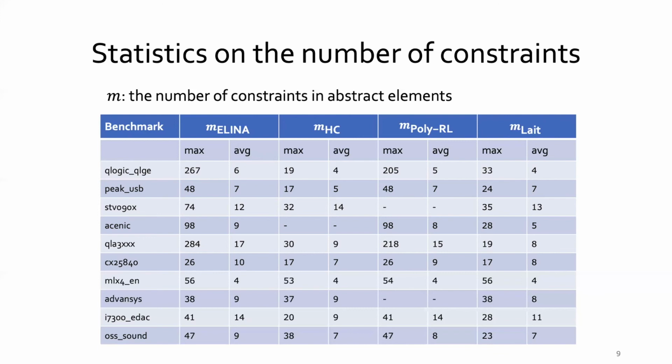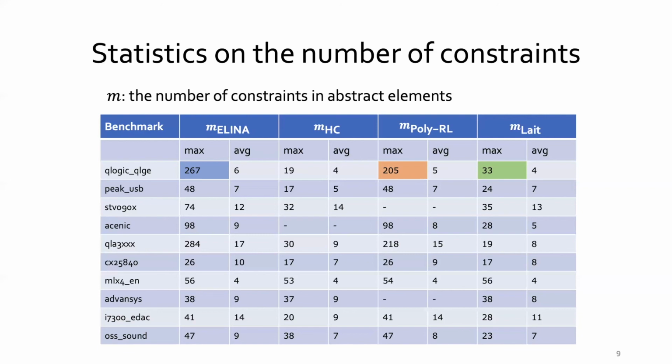In the table, we can see that Lait can effectively lower the maximum number of constraints in the analysis sequence, which means that Lait can solve the performance bottleneck. For example, for the first benchmark, the maximum value for ELINA is 267, and Lait reduces it to 33, giving an overall speedup of 53x, as we showed before.